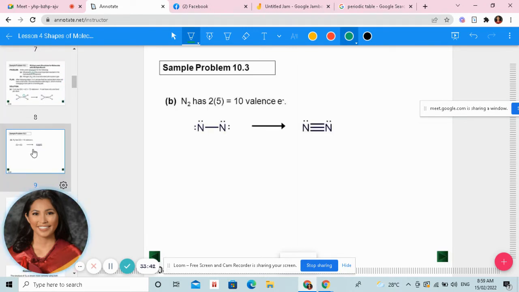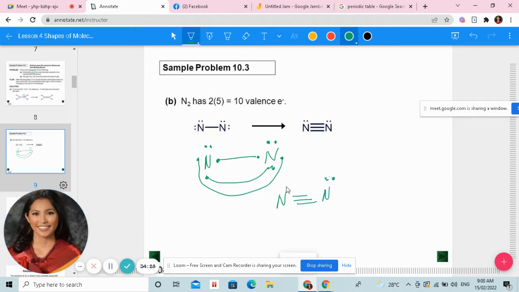Then we also have N2. For N2, how many valence electrons do we have? Five. So, as expected, we have this bond, and these electrons form 1, 2, 3 bonds.